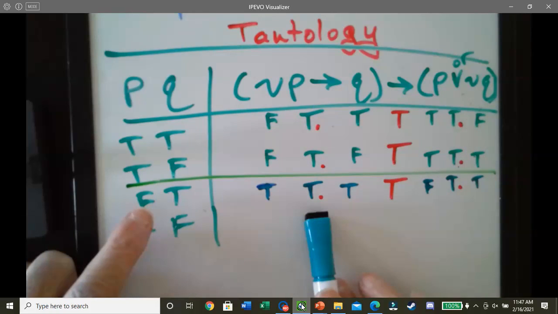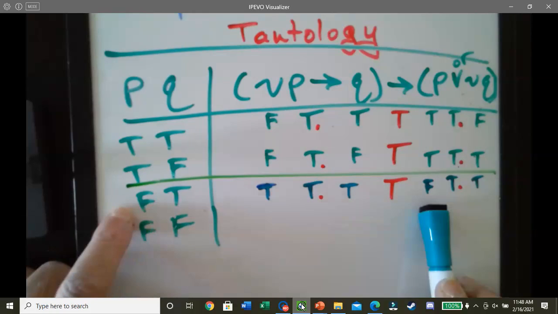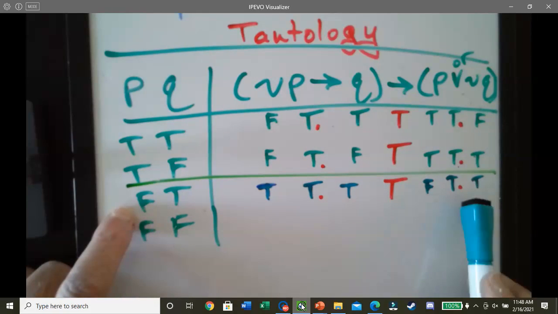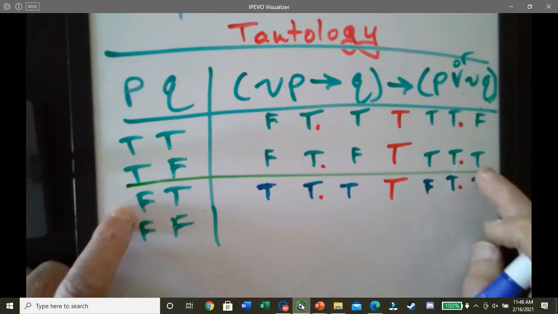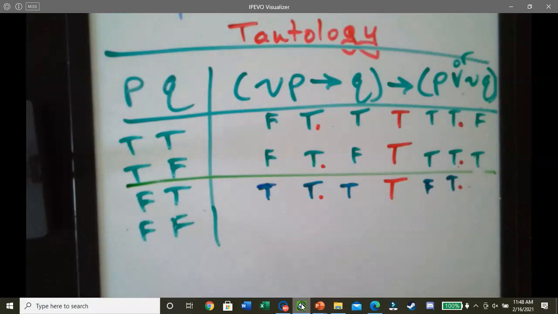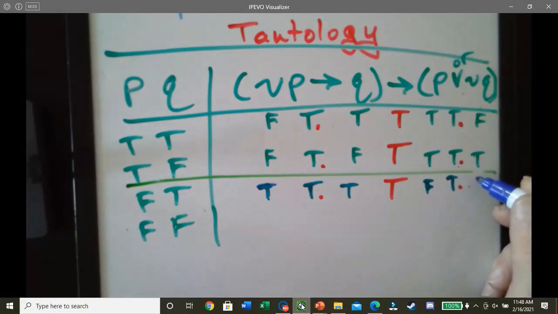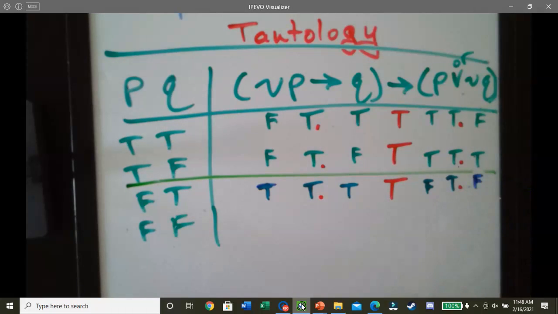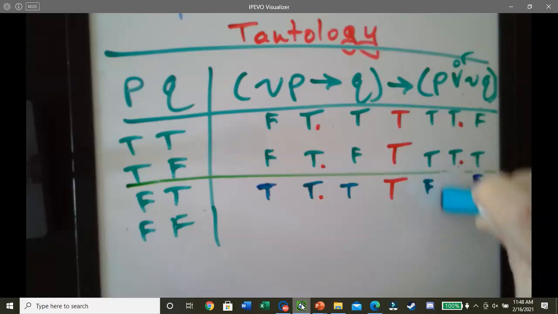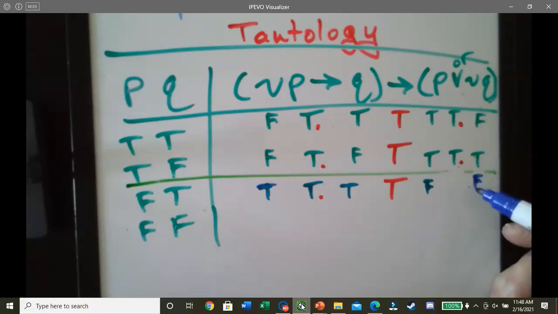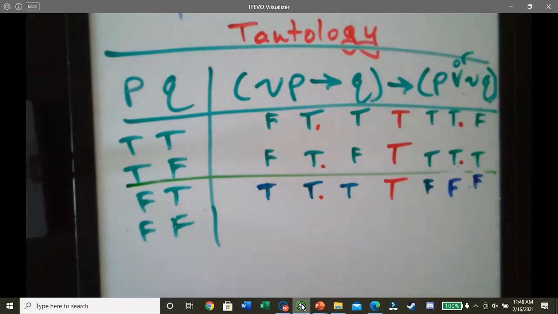Okay? And then P is false, so that's false. Okay? And not Q, okay. You got me on that one. So that's false. All right, good eye. Okay, so false or false, that would be false, right?